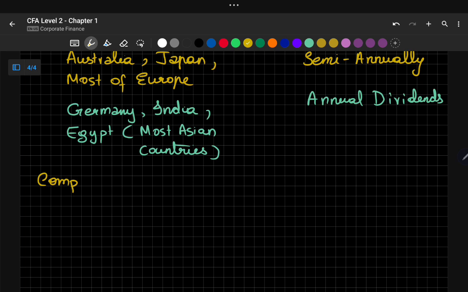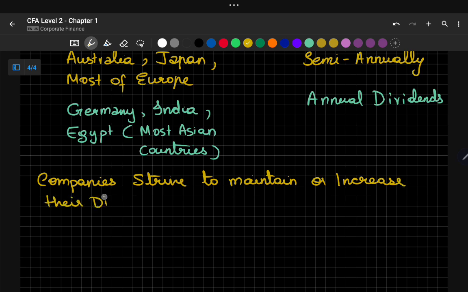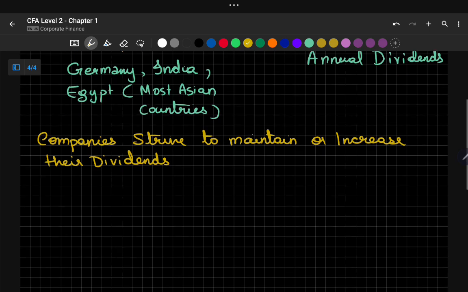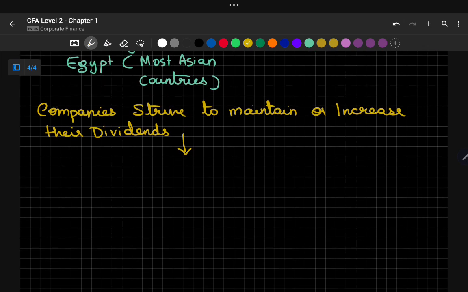So companies strive to maintain or increase their dividends. Why do they strive to do that? Earlier I mentioned analysts look out for dividend declarations because it gives out certain signals to the investors. If the company maintains or increases its dividend, it is usually considered a positive signal.